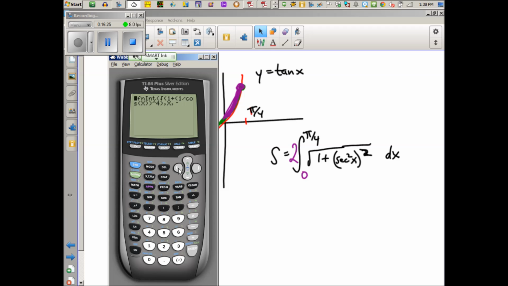Oh, we're going to go from 0. We're going to go from 0 to pi over 4. 2.555.